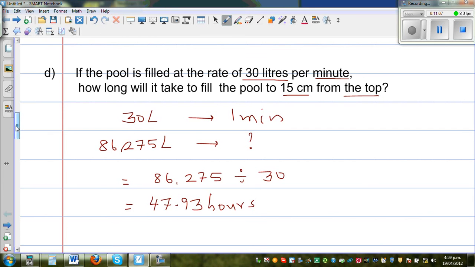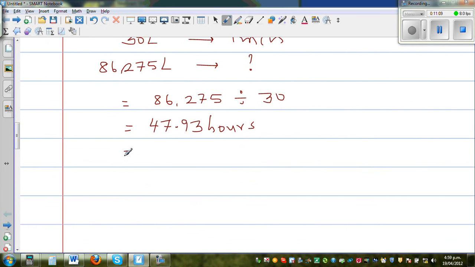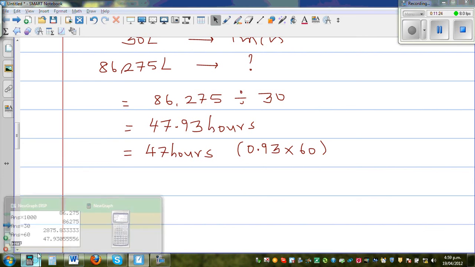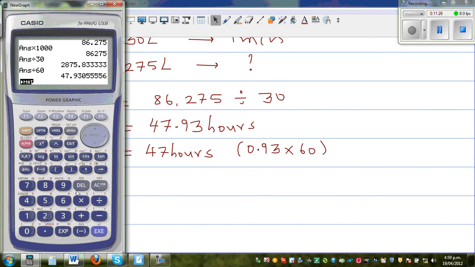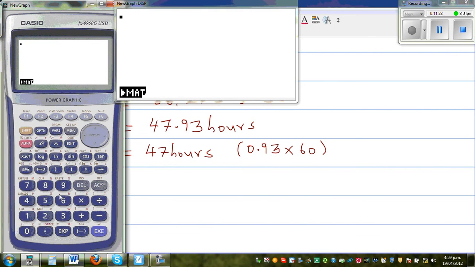So let me change this into a sensible answer. So this is 47 hours, and this 0.93, if I want to change that into minutes, I have to times that by 60. So 0.93 times 60 would give me 56 minutes.